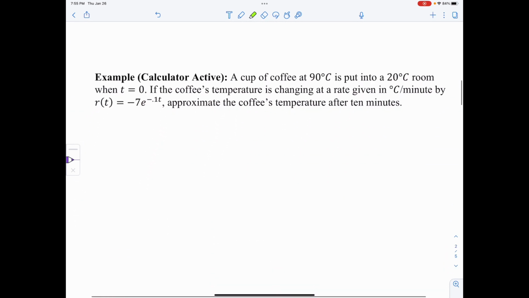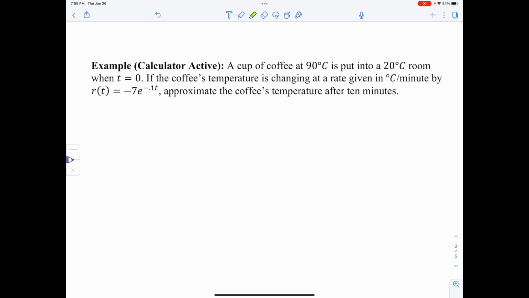Okay, so let's look at some word problems here where we're going to be calculating net change of quantity. So this one is calculator active. I have my calculator here ready. A cup of coffee at 90 degrees Celsius is put into a 20 degrees Celsius room when T is equal to 0.